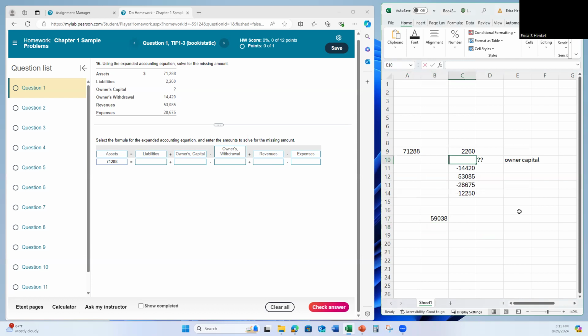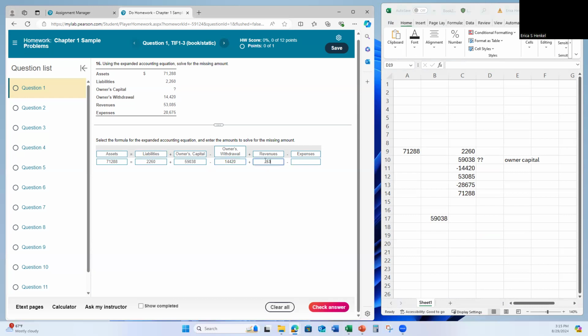So if I were to put that there, then my totals for assets and these numbers right here would all add up to the same amount. So my liabilities, 2260, the owner's capital I just solved for, 59,038. The owner's withdrawal of 14,420.